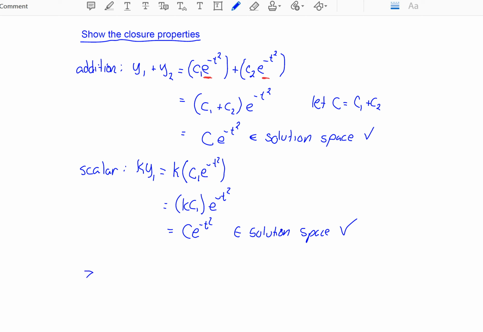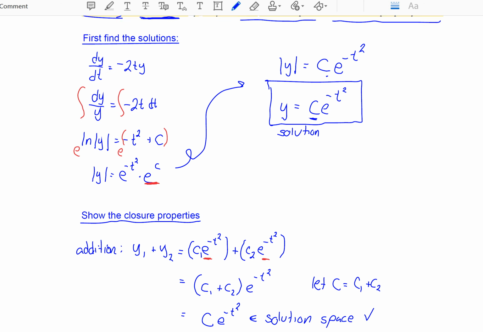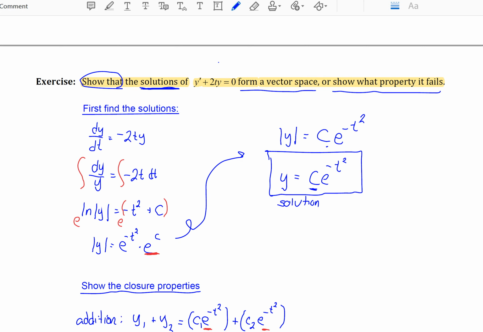Is there the presence of a zero vector? So here I'm asking, is y equals 0 a solution? Let's grab our differential equation, which was y prime plus 2ty equals 0.